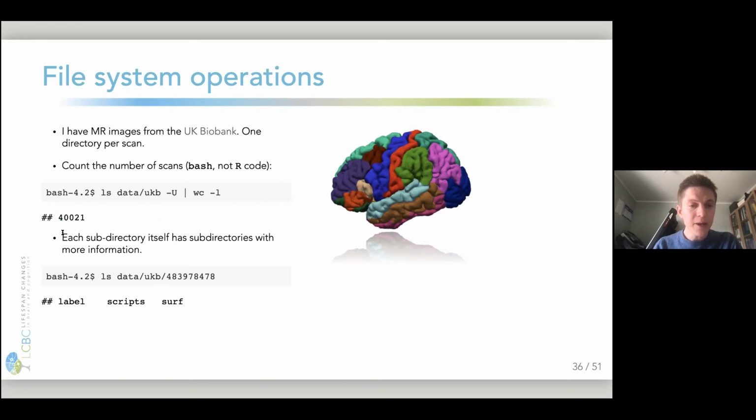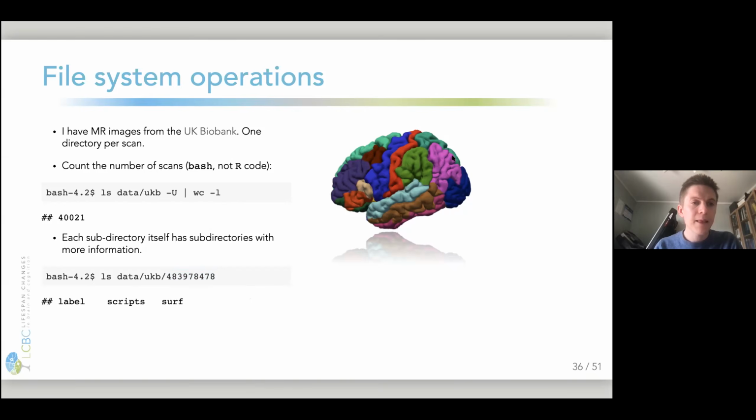Now, each subdirectory itself has even more subdirectories with more information. If I go into this person's directory, with an ID that I just made up, there are 3 more directories: label, scripts, and surf. This is the end result of statistical algorithms that have been run to estimate how this person's brain looks.